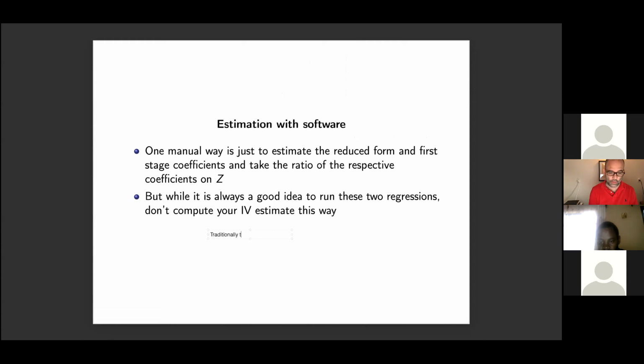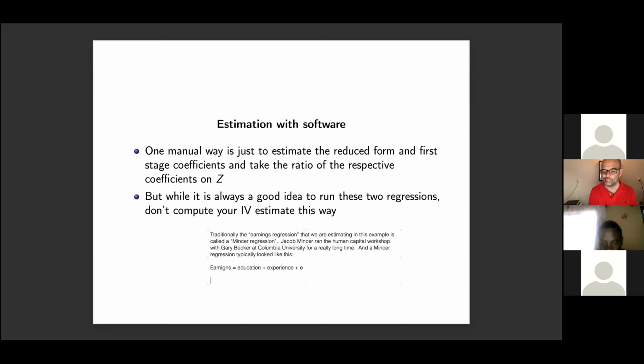Traditionally, the earnings regression that we are estimating in this example is called a Mincer regression. Jacob Mincer ran the human capital workshop with Gary Becker at Columbia University for a really long time. A Mincer regression typically looked like this: earnings on education plus experience plus U. So both are measures of different kinds of human capital.